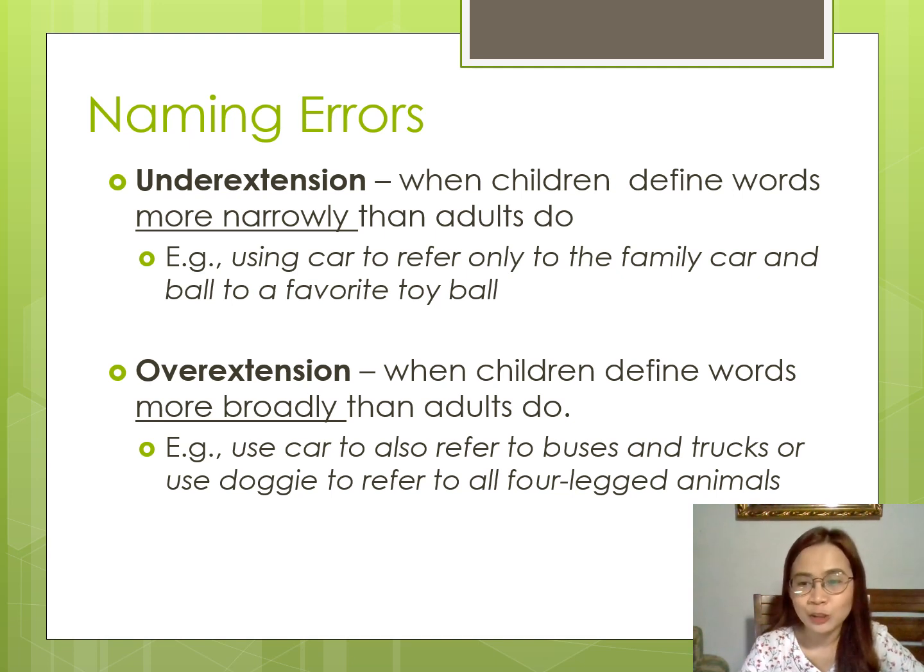O kaya naman yung doggy, sa lahat ng four-legged animal, doggy ang tawag niya, kahit hindi naman dog. So, yan ay normal na naming errors, para masabi natin na natututo na siyang magsalita, natututo na siyang gamitin unti-unti yung mga rules sa language.